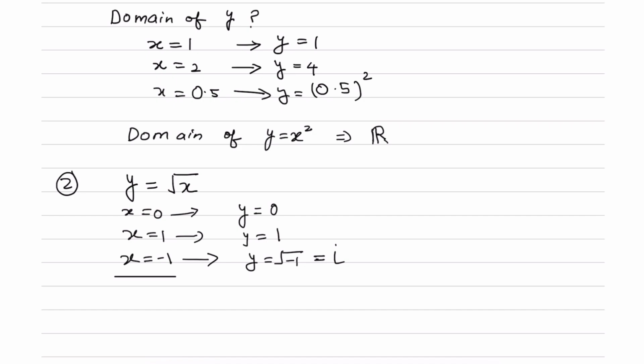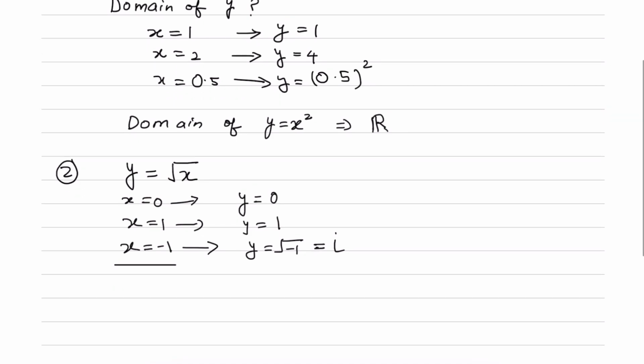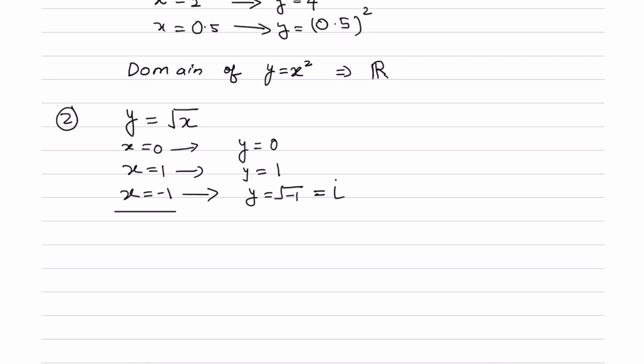All those x's are allowed to be a part of the domain if they give the output as a real number. In the same way, if we take another negative number, it gives us y equal to square root of minus 2, which is again a complex number.